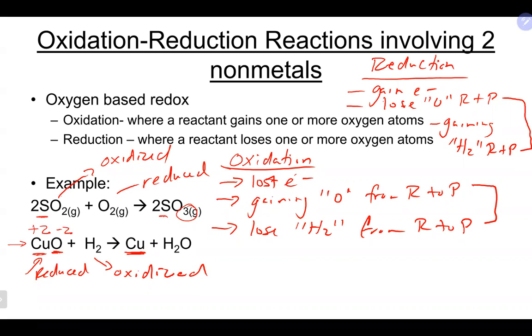On the right-hand side, that's copper by itself, which means it has no charge. Any element by itself basically has no charge. So if you weren't sure, you could look at the copper and see that it started at +2 and ended at 0, which means it is moving in this direction. That means the copper is going through reduction, like we found with the other definition.